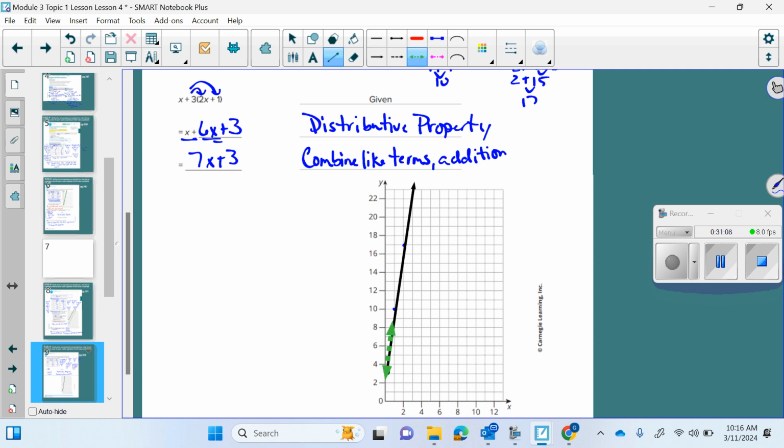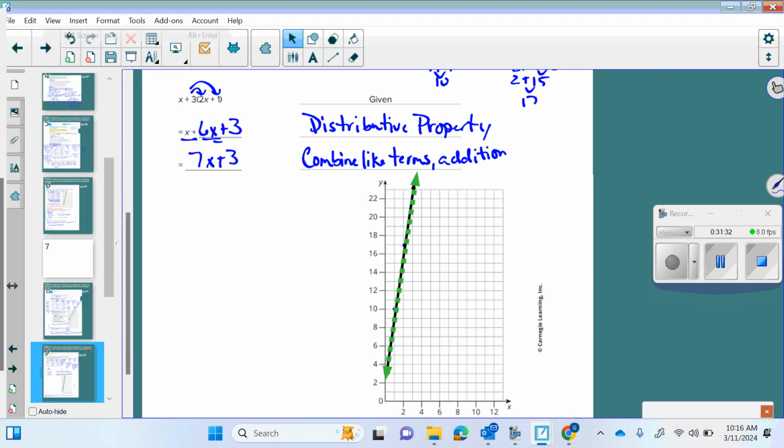It's the exact same points. So are they equivalent? Yes. Do I have to use all three formats to show that they are equivalent? No. Any one of those three will show you that they are equivalent. We're giving you three different options to show are my two expressions equivalent. Does that make sense for everybody? Questions on any of those?